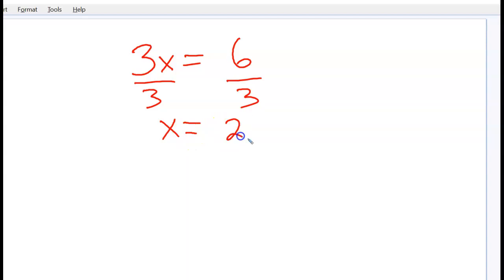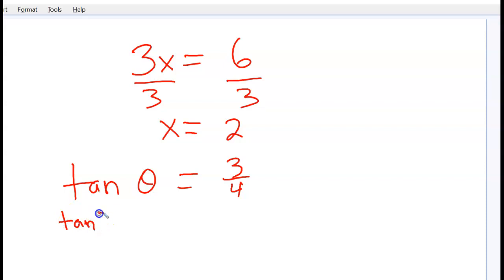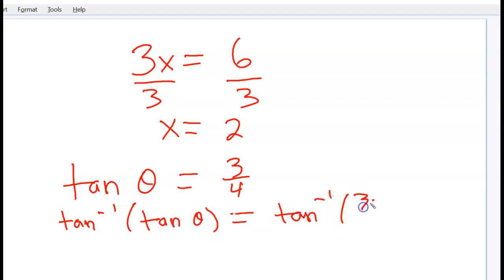Very similar when we are dealing with an angle. Say we want to find the size of an angle if we're told that the tan ratio of that angle theta, and we just use theta as a symbol for an angle, is 3 over 4. To undo the left side of this equation and get theta by itself, we would do what's called the tan inverse of each side, which is sometimes referred to as arctan.